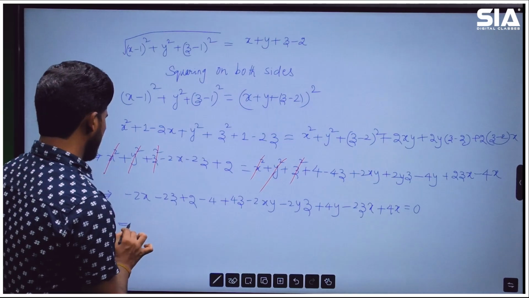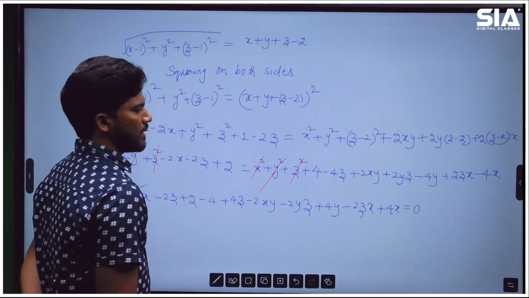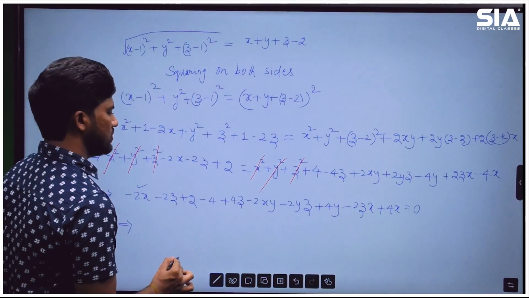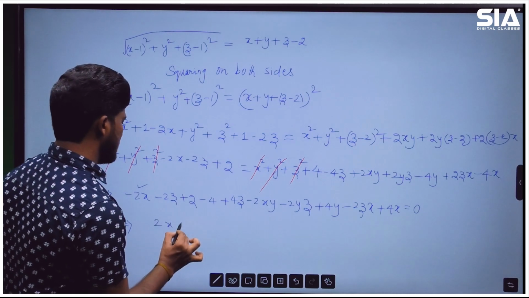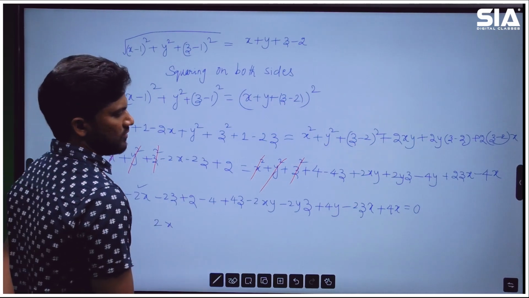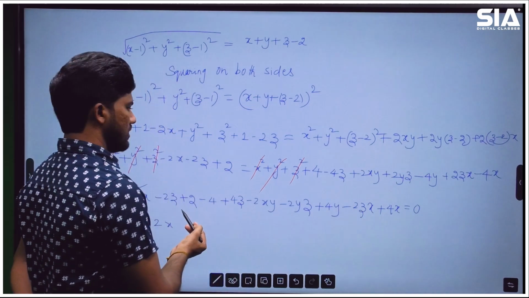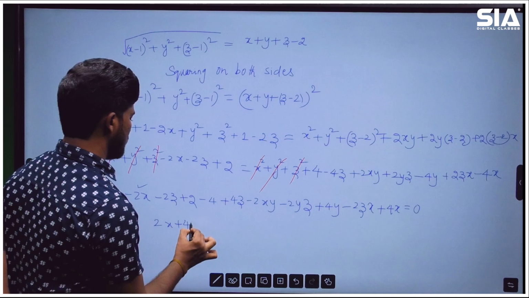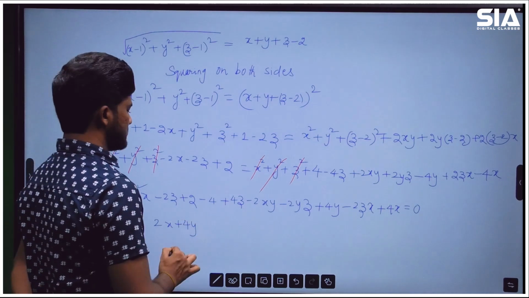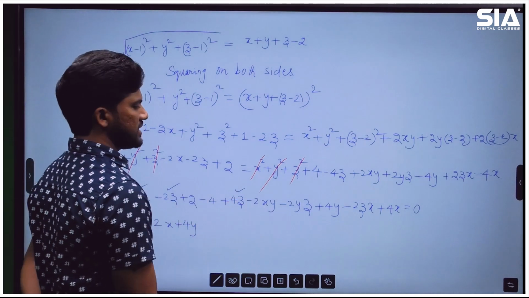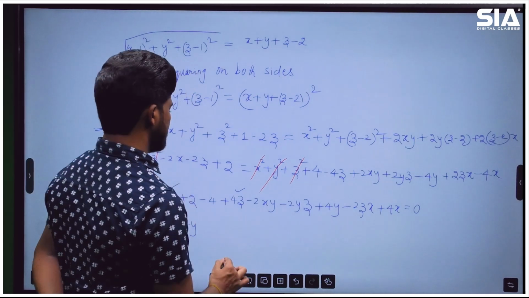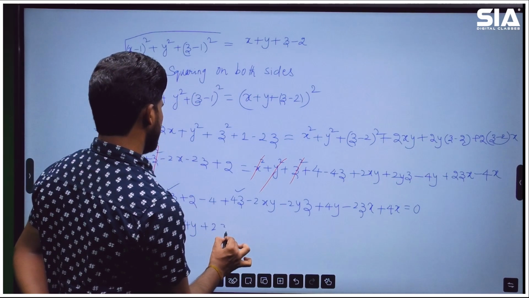Therefore minus 2x plus 4x is 2x. Next y terms: only plus 4y. And z terms: minus 2z plus 4z, that means plus 2z.